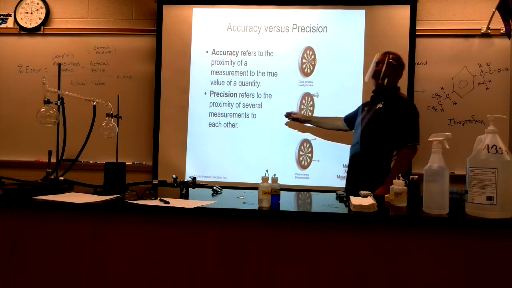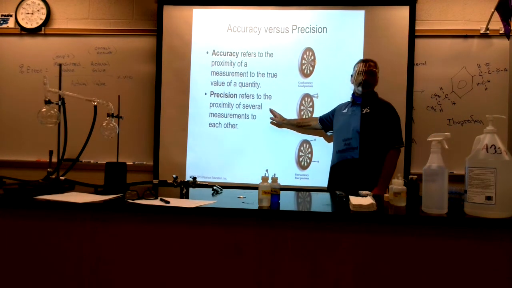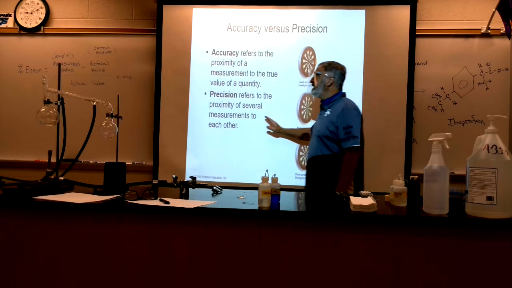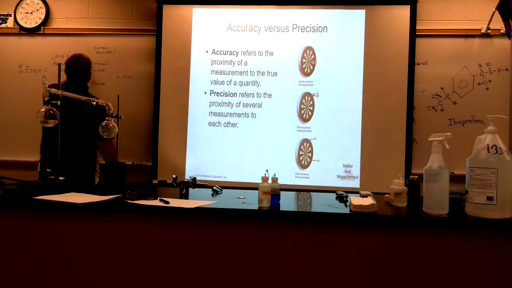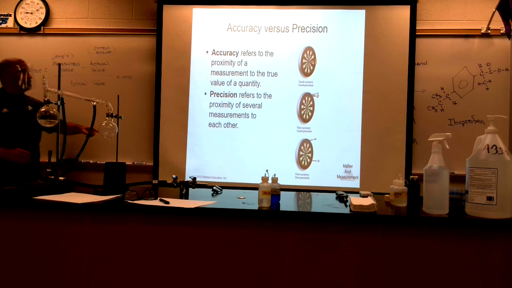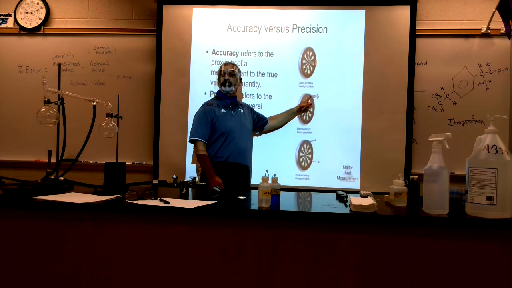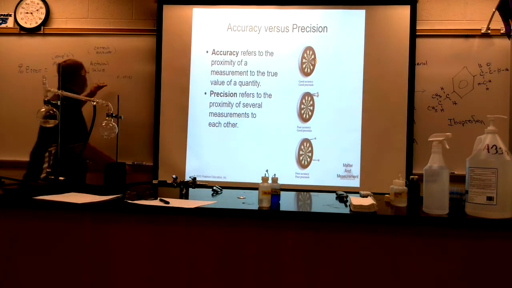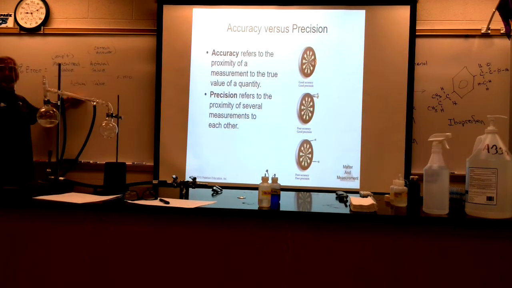Now, precision is measured by deviation. The only difference between error and deviation is instead of using the actual value here, you're going to use the mean value, which, what does that mean, the mean value? Average. The average. Because you don't care what the right answer is, you're just comparing how close your answers are to one another. Okay? So you just substitute in the mean value for the actual.